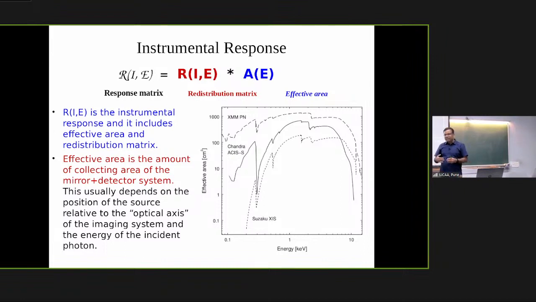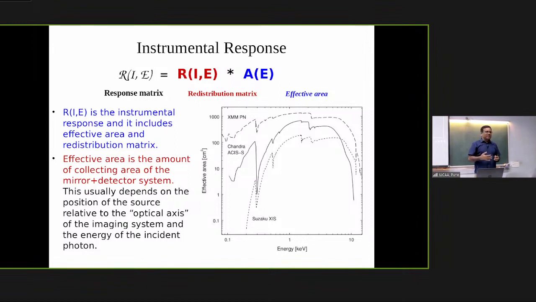And the detector will not detect all photons at a given energy. It may detect 90%, 95%, 70%, 80%. And this fraction again changes with energy. In technical terms, these detectors have a certain quantum efficiency.